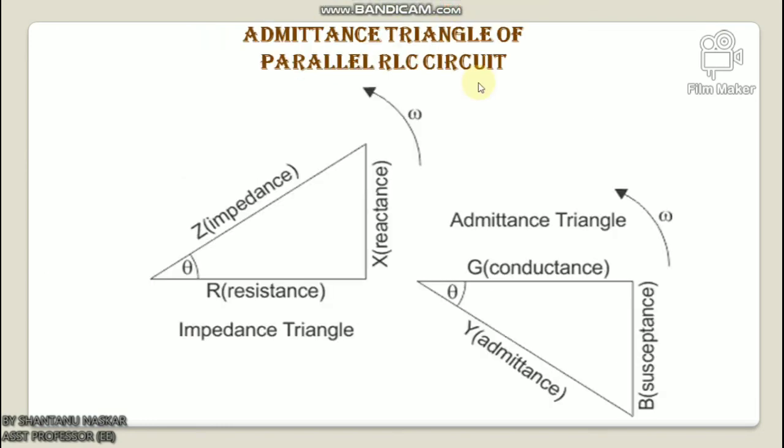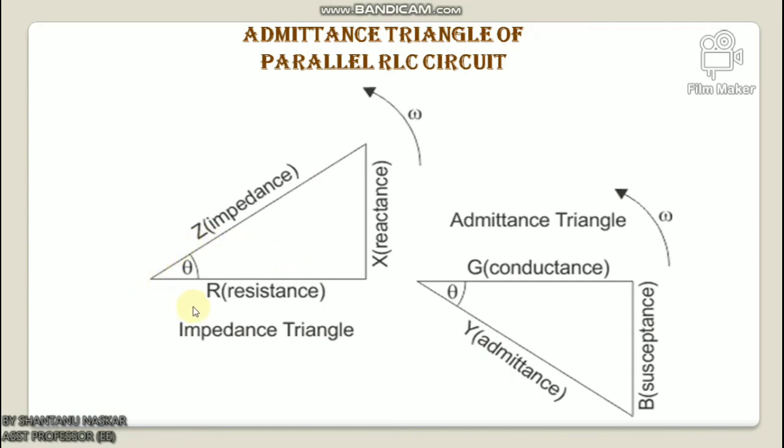Finally I will discuss the admittance triangle of parallel RLC circuit. In series RLC circuit, impedance is considered, but as stated in the introduction, parallel RLC circuit is exactly opposite to series RLC circuit. So in parallel RLC circuit, we will consider admittance.